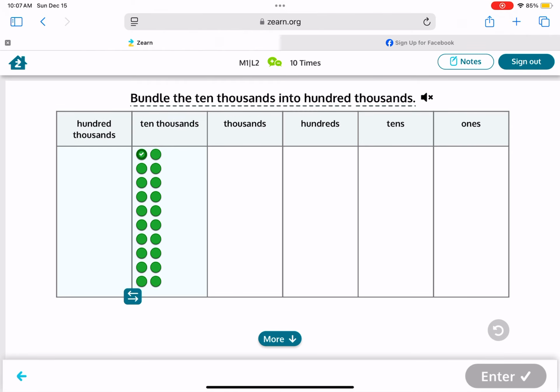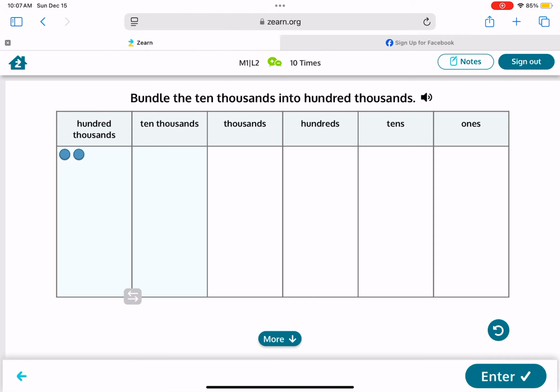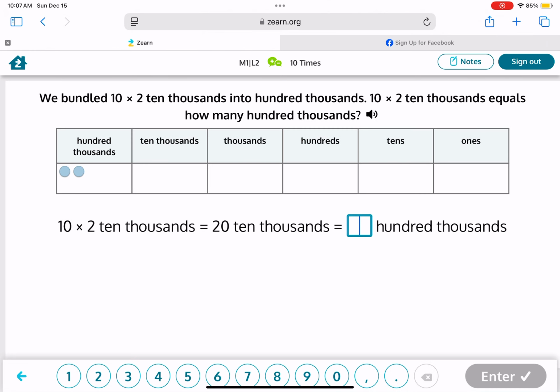Bundle the 10,000s into 100,000s. We bundled 10 times two 10,000s into 100,000s. 10 times two 10,000s equals how many 100,000s?